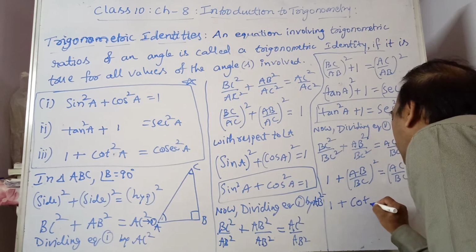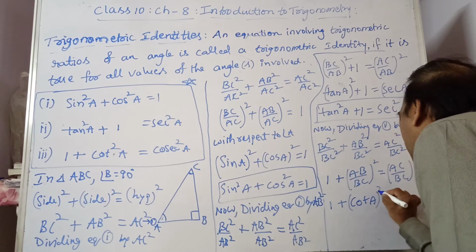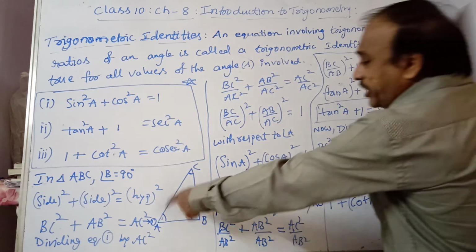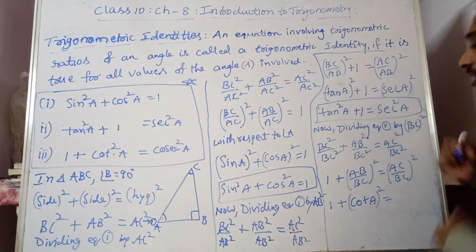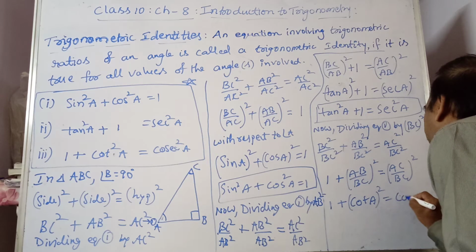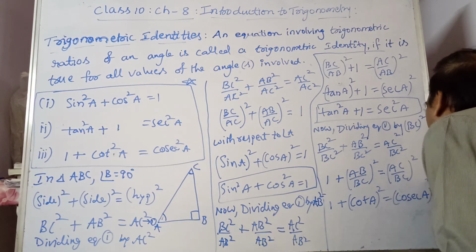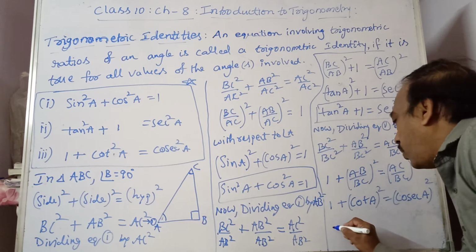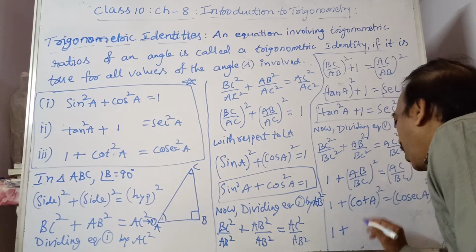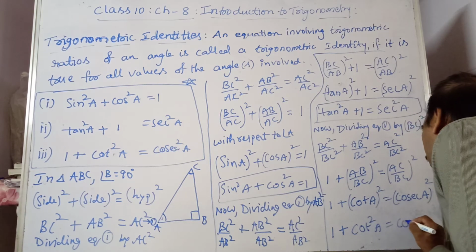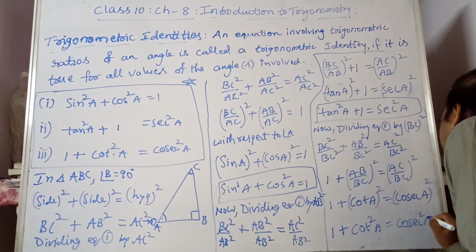So cot A whole square is equals to AC by BC, hypotenuse by opposite side, which is nothing but cosecant. So cosecant A whole square. So from this you can write 1 plus cot square A is equals to cosecant square A.